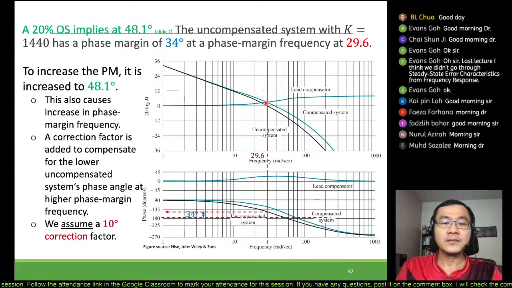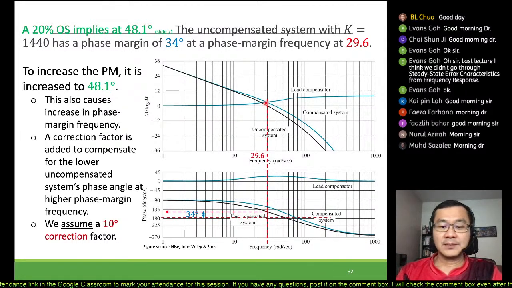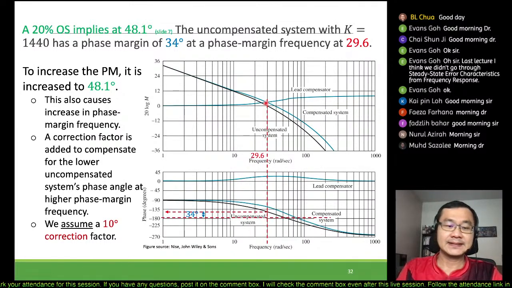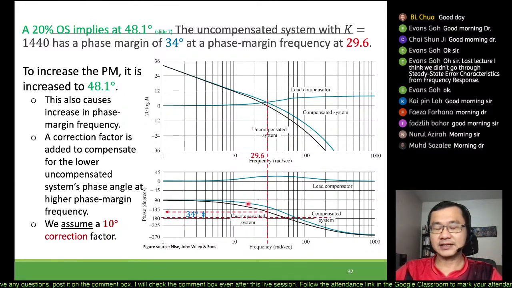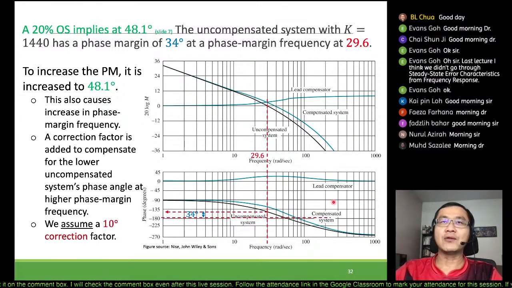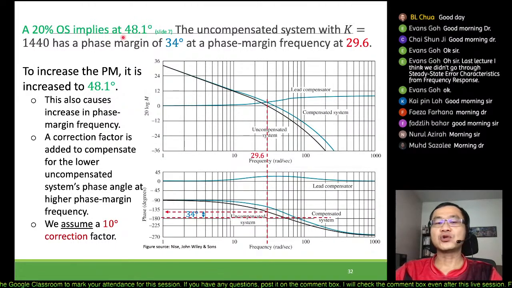What happens is that we assume a 10 degree correcting factor for our lead compensator, and we want to increase the phase to obtain the 48.1 degrees corresponding to the 20% overshoot.